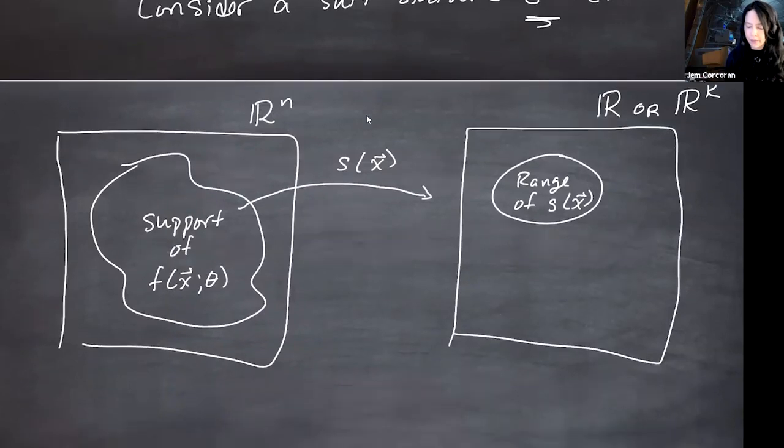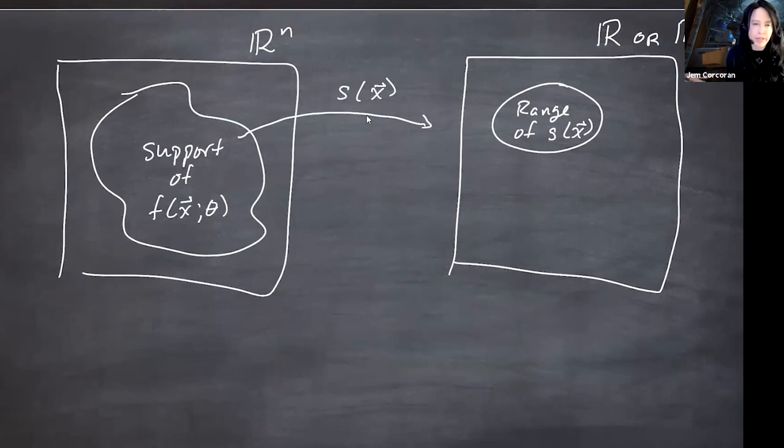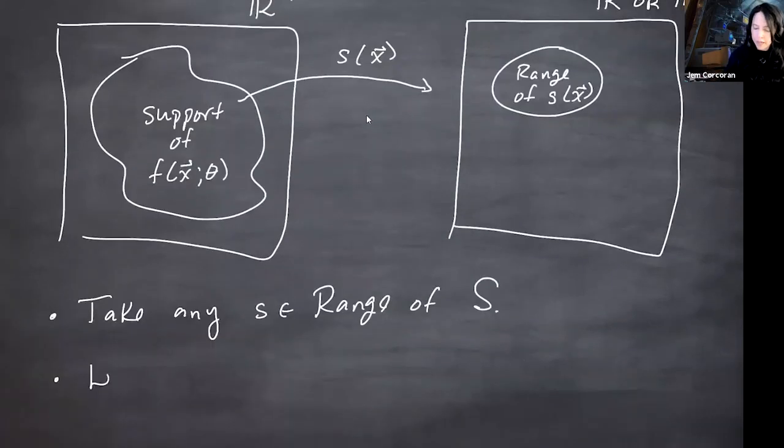So I just started with a sufficient statistic and just sort of drew a picture. It's taking the support to some set. And so now consider any, I'm going to take any s in the range or image of the statistic S. And I'm going to define some sets.